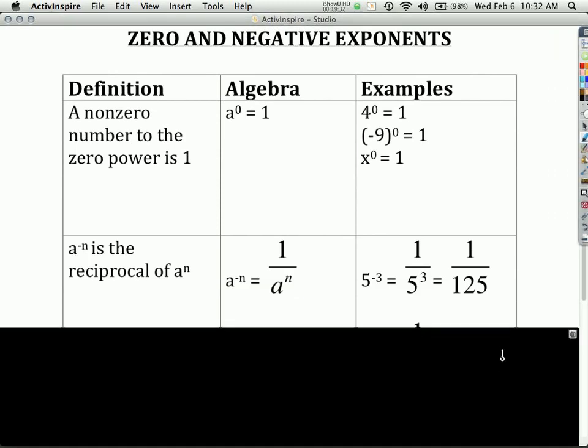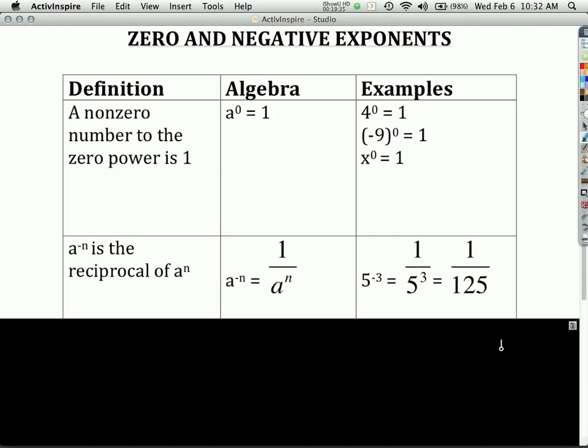And conceptually, it's going to take you a little time to understand. When you have a negative exponent, it really means the reciprocal. And this is going to take a little time for your brain to wrap itself around. This is one of the ideas where you as a bright young person, you're not going to instantly understand. It's going to take you some time. So, a to the negative n is the reciprocal of a to the n.